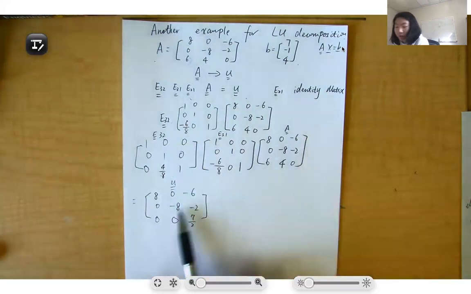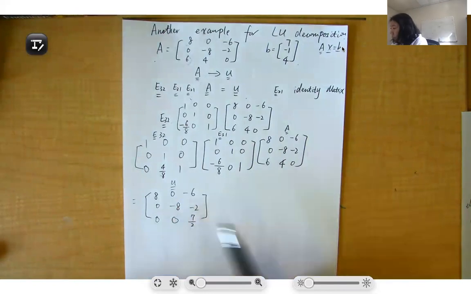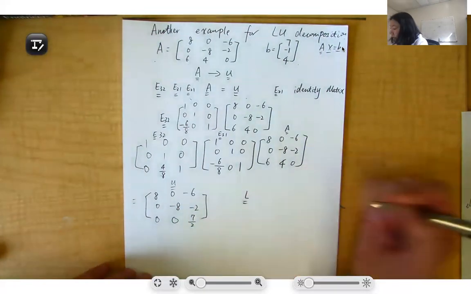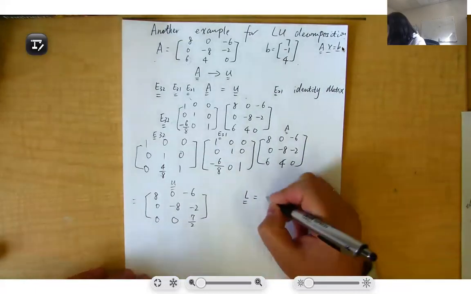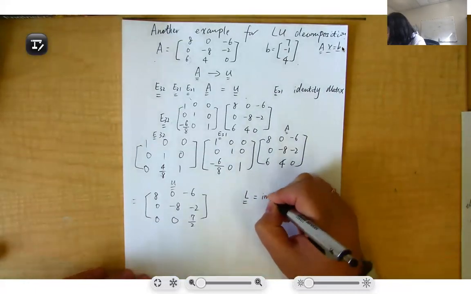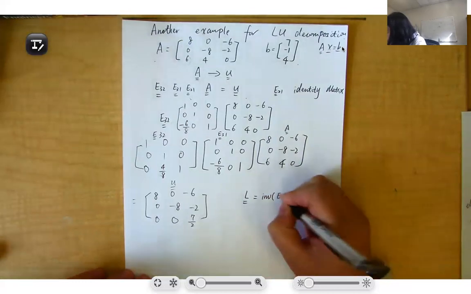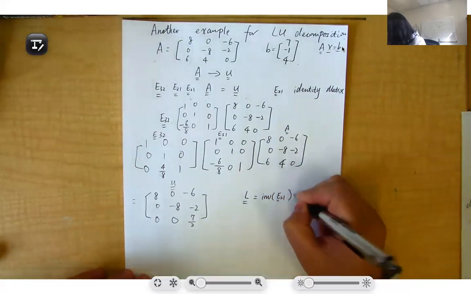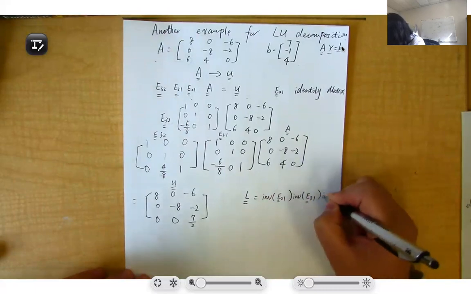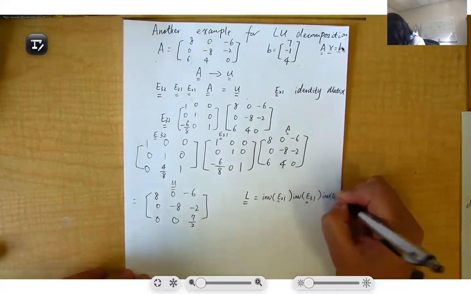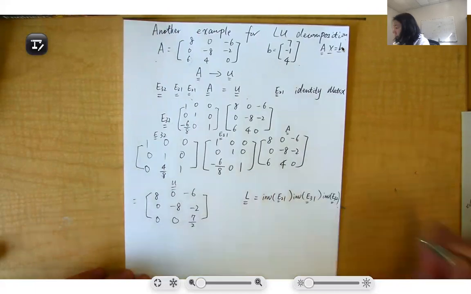A becomes an upper triangular. Okay, what is your lower triangular? As we solved before, it should be the inverse of E21, the inverse of E31, and the inverse of E32.